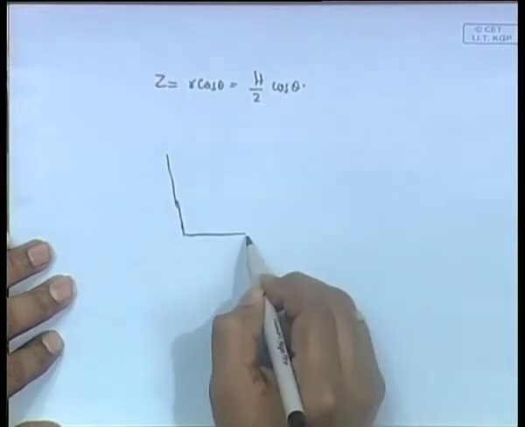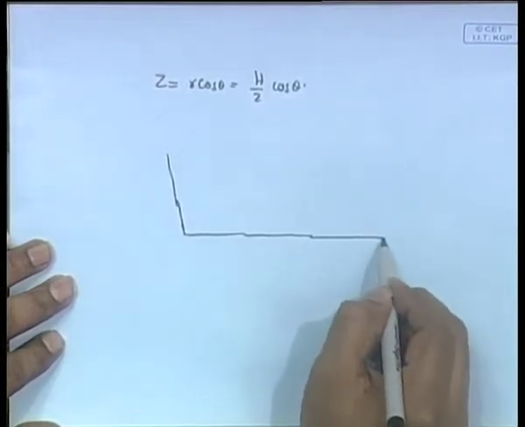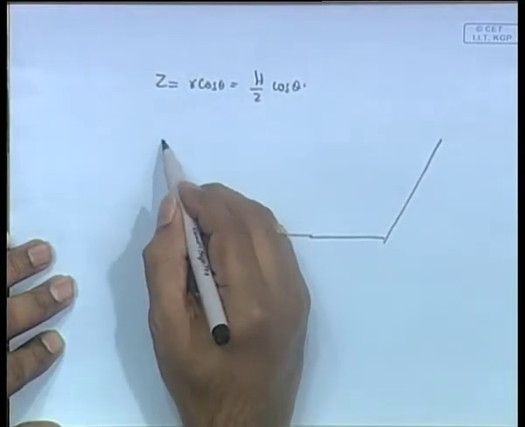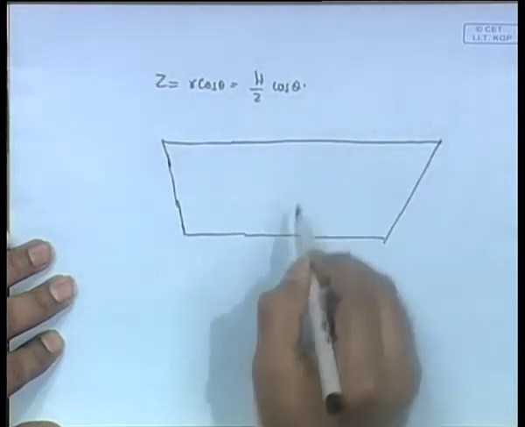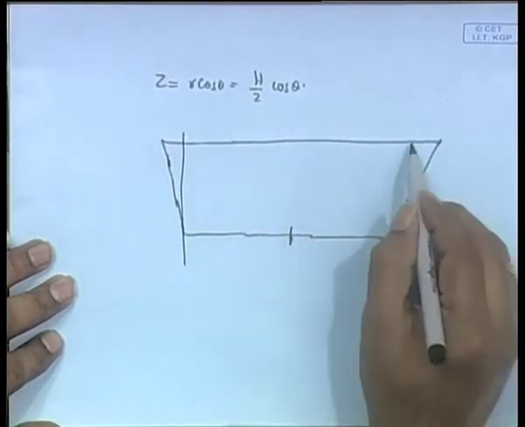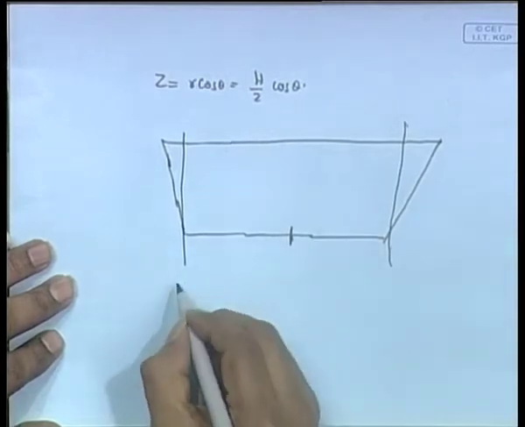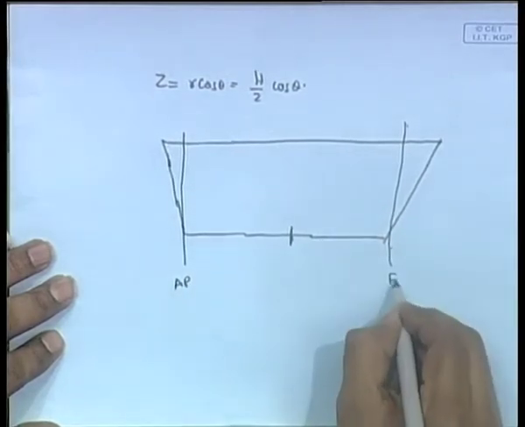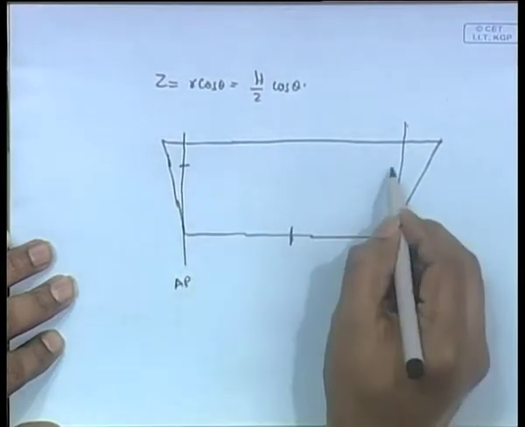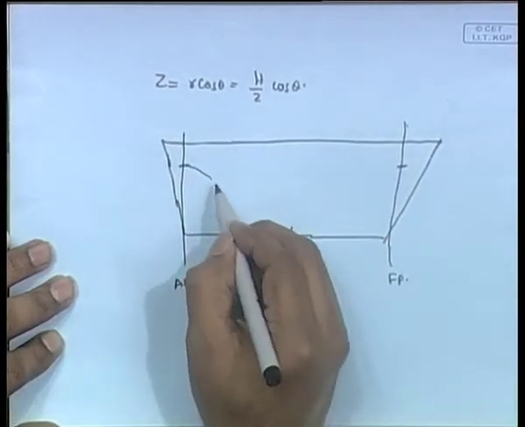Remember, we have defined the wave such that the center of the ship, the midship, will have the trough on it. So this is LPP, this is the aft perpendicular and this is the forward perpendicular. Here you will have a crest, here a crest, and here a trough.